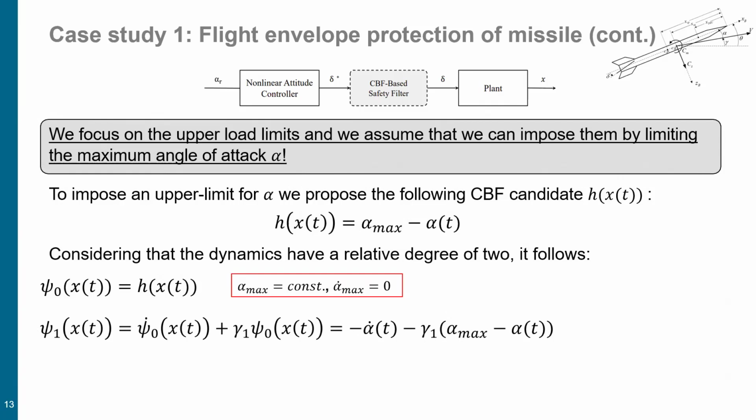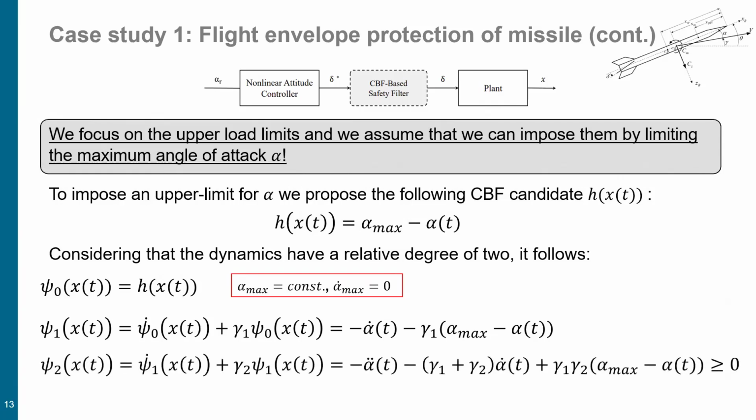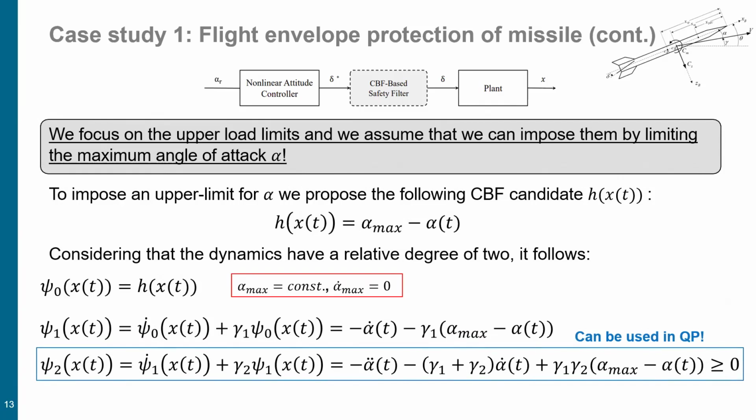And then you look again, is my delta popping up somewhere there? And if not, you take another time derivative of this. And then you see that your delta is somehow in this function here, right?